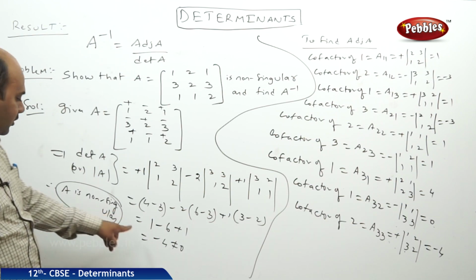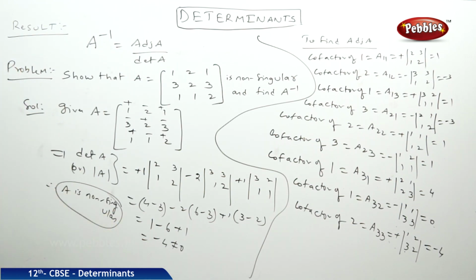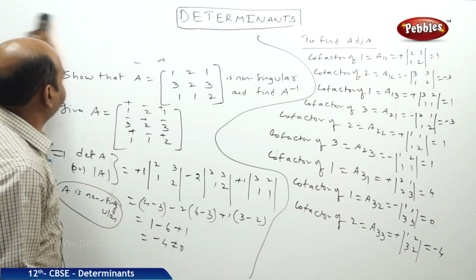Remember that the matrix is non-singular and its determinant will be minus 4. So what I'll be doing is finding the cofactor matrix. This one I am erasing.